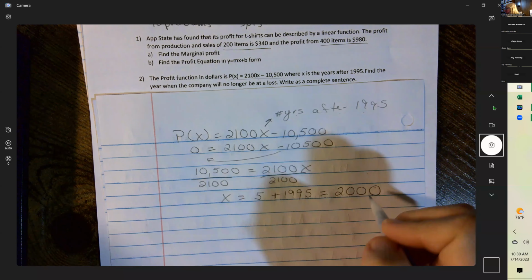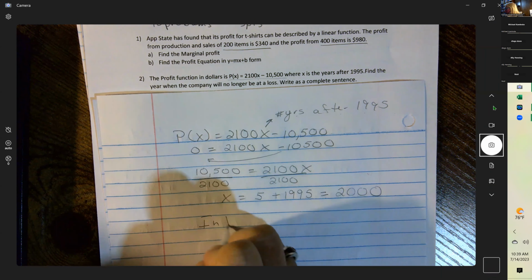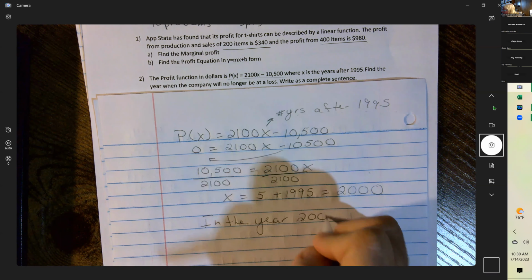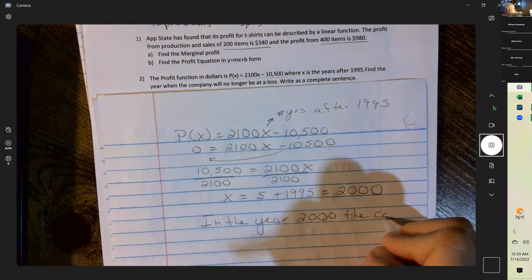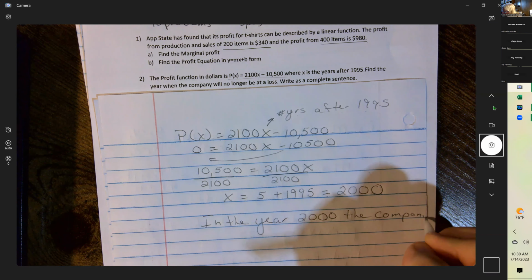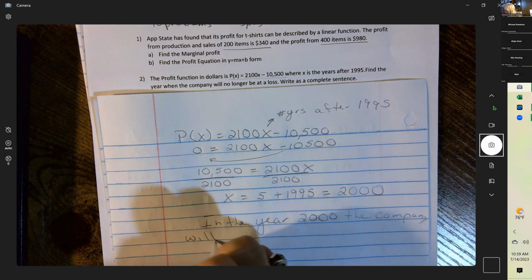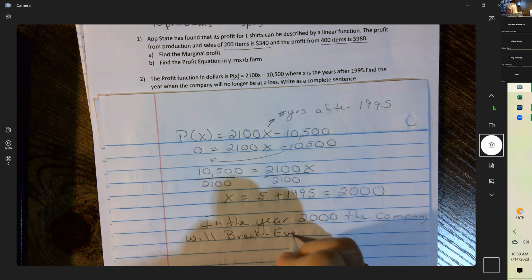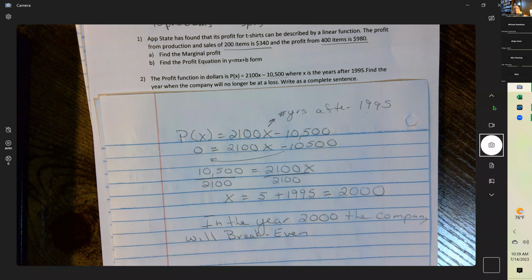So it would be in the year 2000, the company will break even. The company will be no longer at a loss. Any questions on that?